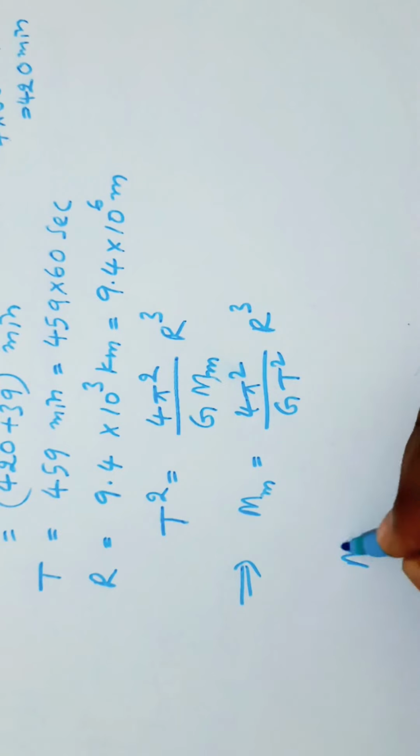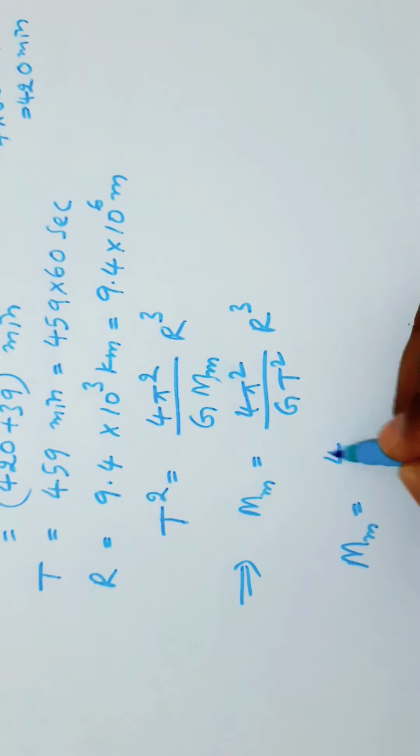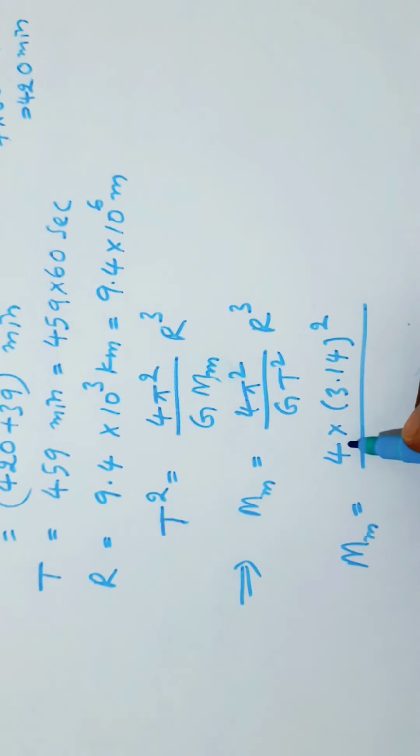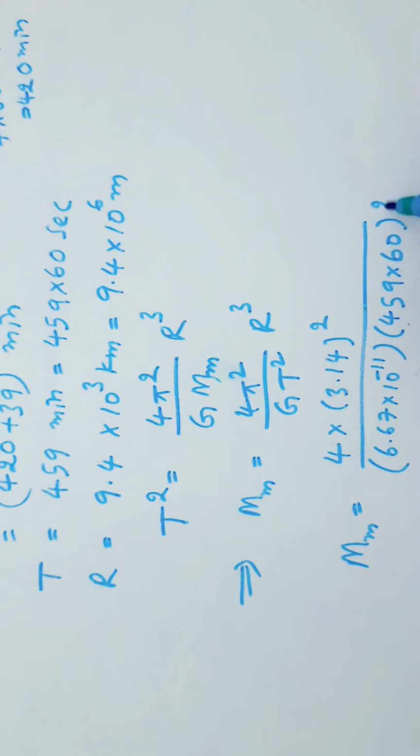So that is here 4 into pi value 3.14 whole square by here G is 6.67 into 10 to the power of minus 11. Here T is how much? That is 459 into 60 seconds whole square.